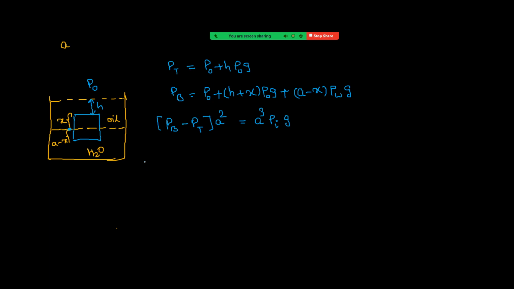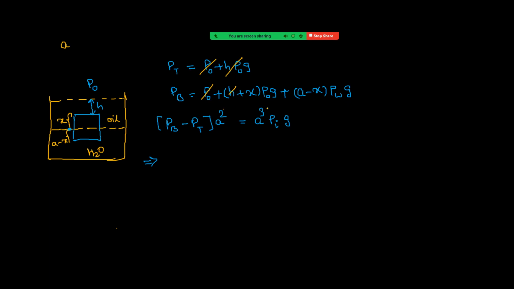Now see the calculation part. See what we get for PB minus PT. First of all, P naught gets cancelled. Also h rho oil g gets cancelled. Remaining is X rho oil g plus A minus X rho water into g, into A square.